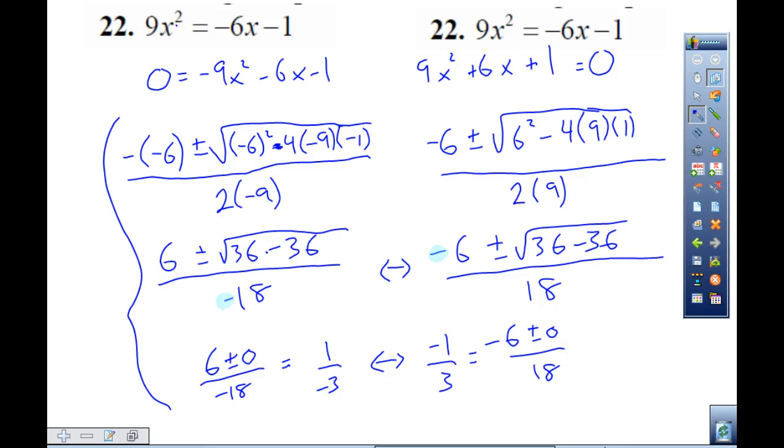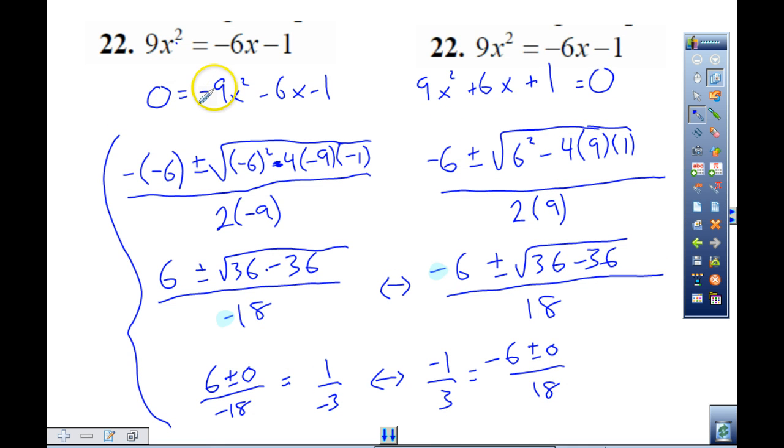So yeah. Now, are these graphs the same? Think about that. Are these the same graph? No, they're not. So this only works if we're solving but not graphing. Because if we're graphing, this is clearly opening down. And actually this is the x-intercept, negative 1/3.